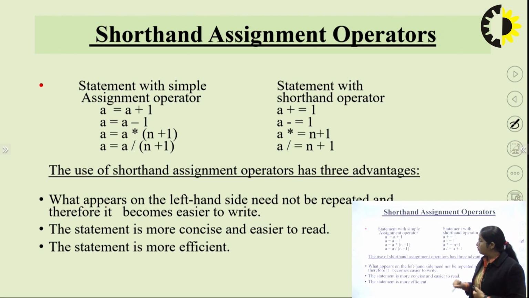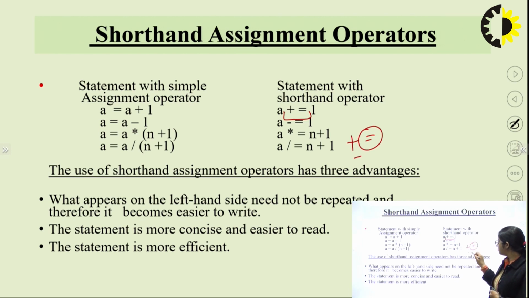With the assignment operator, we can use some arithmetic operators, and that becomes the shorthand operator. Assigning is only this sign, but with this assigning we use plus, minus, and other operators, and that becomes the shorthand operator.